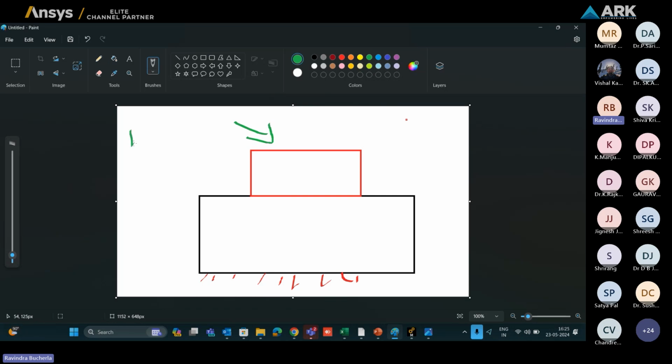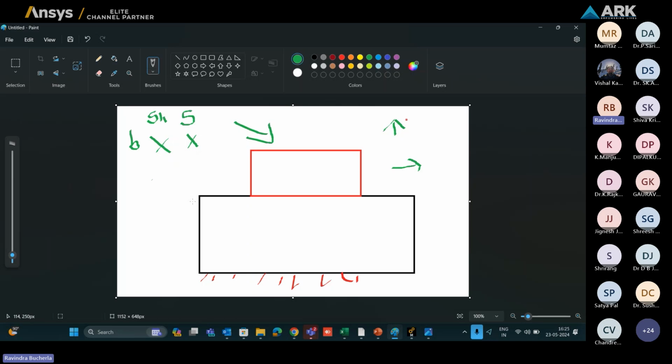There is no sliding or separation. This body will not move in any direction, and it will not move in the top direction as well. So bonded means no sliding and no separation.